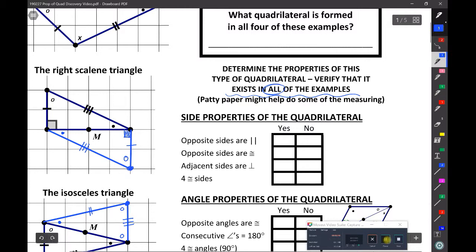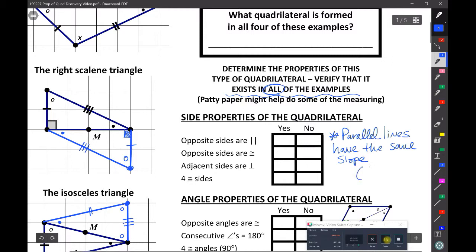So let's make some notes over here, because this is really, really important that you know this. Parallel lines have the same slope. Now, slope was a concept that you learned in Algebra 1.